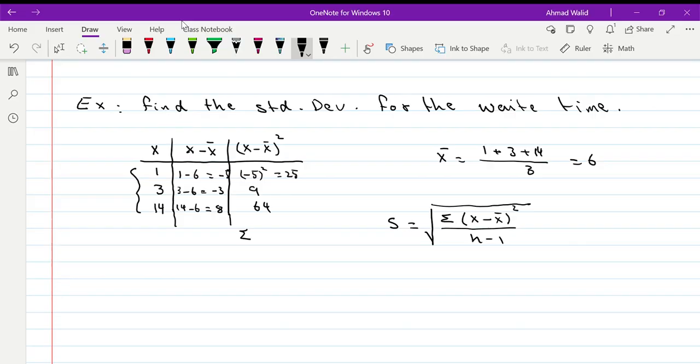Sum of x minus x bar squared is actually adding these three numbers, 25 plus 9 plus 64, which gives you how much? If you add them, 98. Now, plug this number into the formula, it's easy to calculate. S equals the square root of the sum, which is 98, over n minus 1. Your n is 3, right? 3 minus 1.